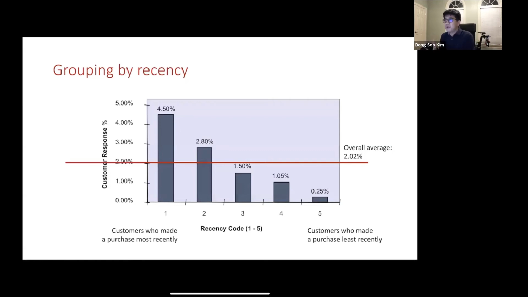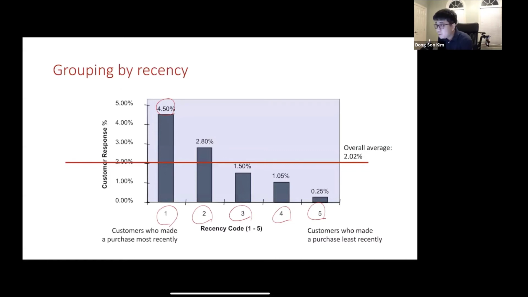Here's the result of grouping by recency. Again, those 5 groups are equally sized, meaning that the top 20% customers in recency make group 1, the next 20% make group 2, and so forth. This figure shows the response rate of each group. Group 1, which is made of the customers who made the purchase most recently, shows 4.5% of response rate, which is much higher than the overall average, 2.02%.